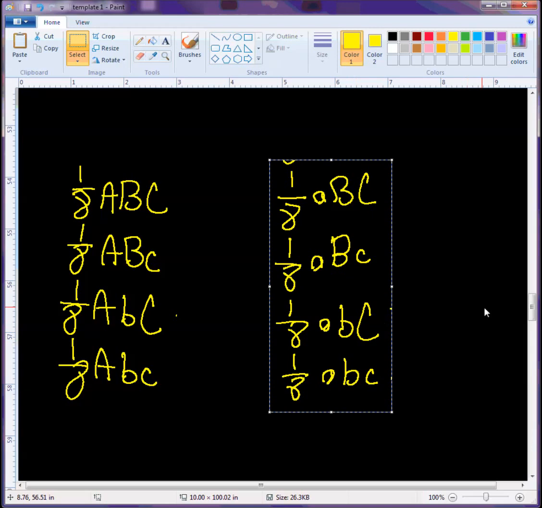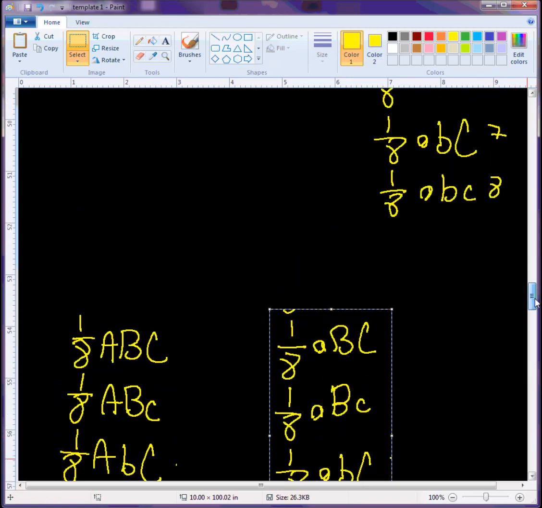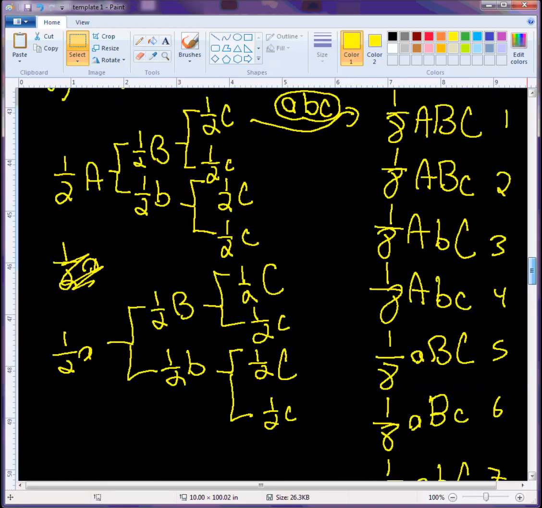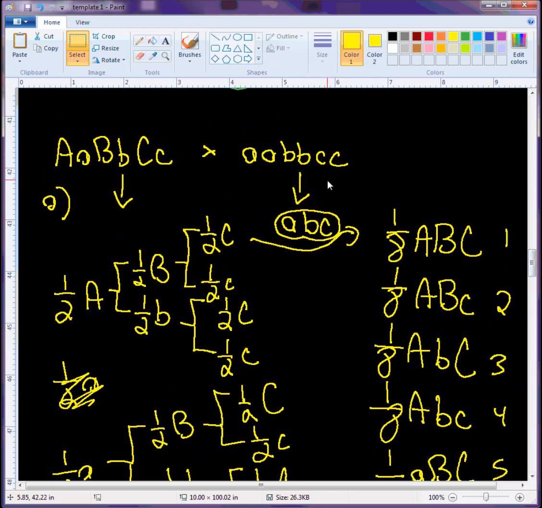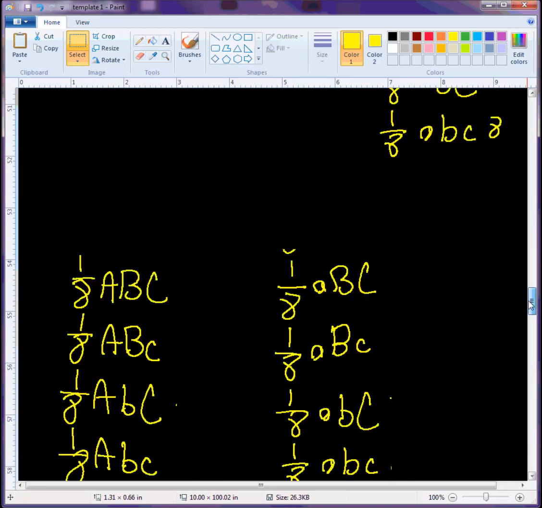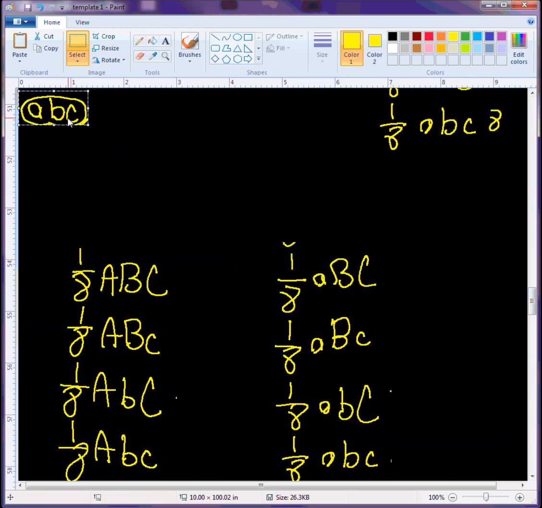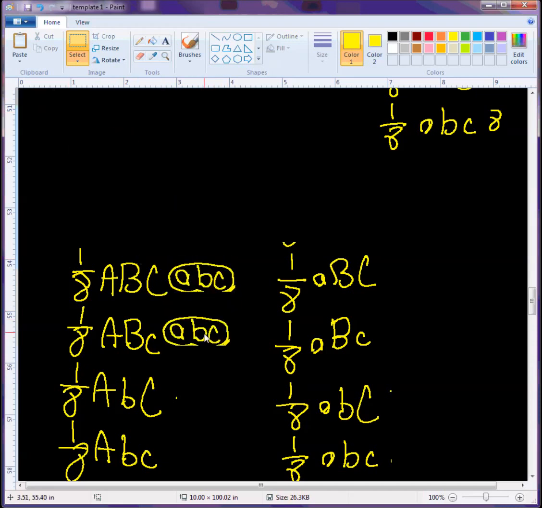Okay, now we are going to fertilize each of these with this gamete right here, this ABC, because that's the only type of gamete that could be made from the other parent. And so these are the genotypes we're going to get in all of the offspring.